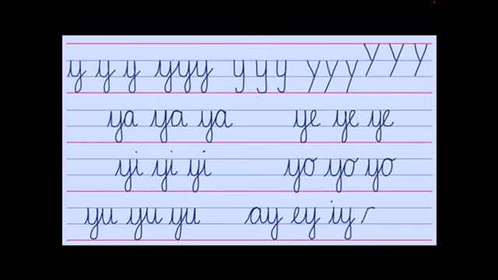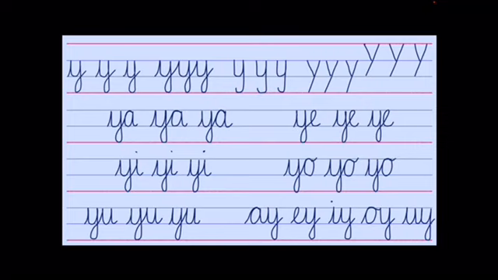O into Y, and going from the top, we miss out the lead-in stroke, and then U into Y, which, when you're writing it, does feel like you are writing two letter U's, but the tail goes much, much lower down and we have a loop.